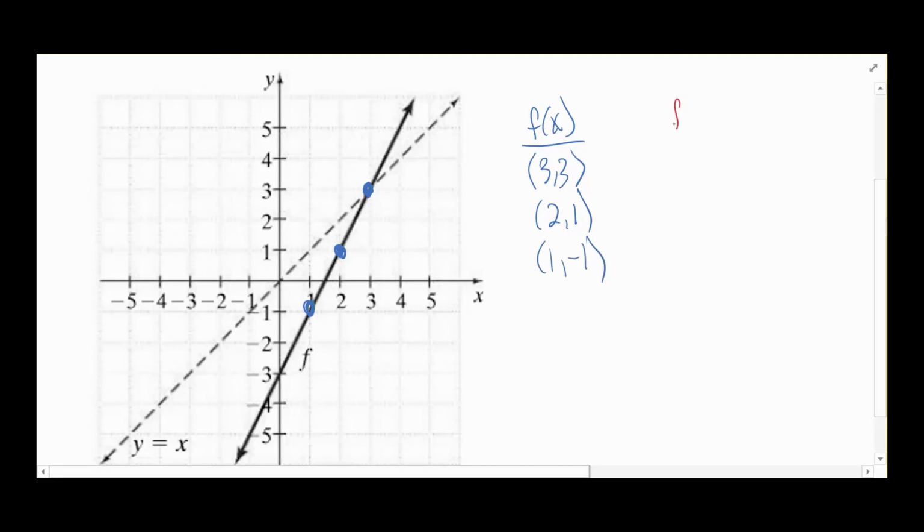This helps us because then we can say, what ordered pairs does my inverse have? Well, just flip-flop them. (1, 2), and (-1, 1).